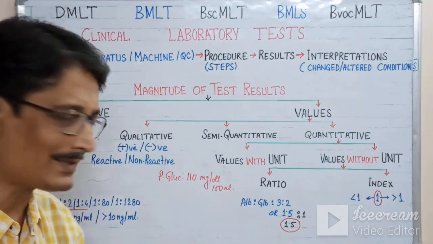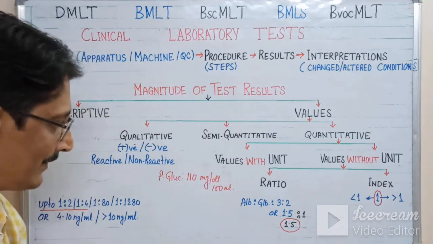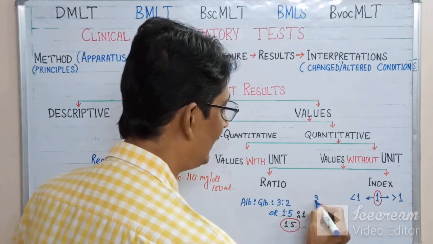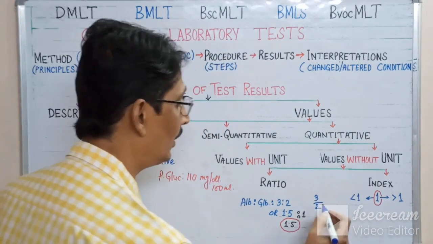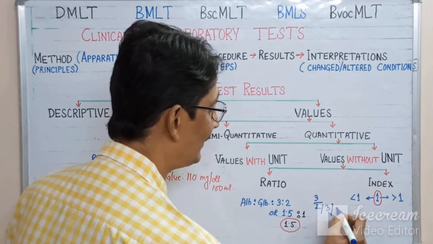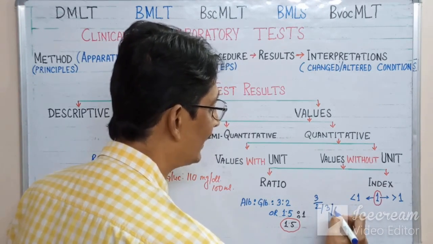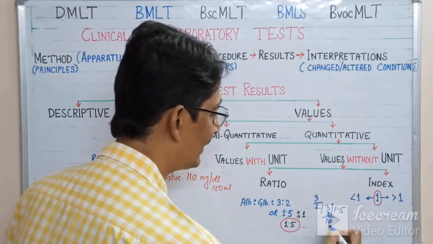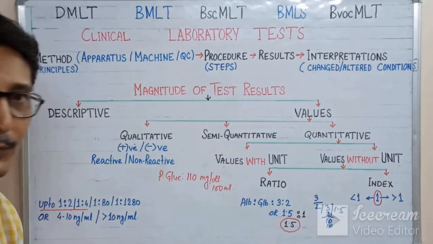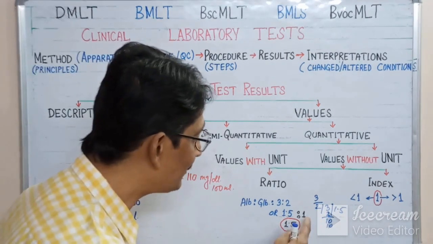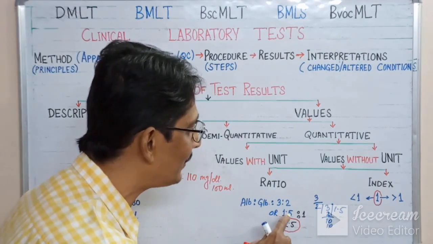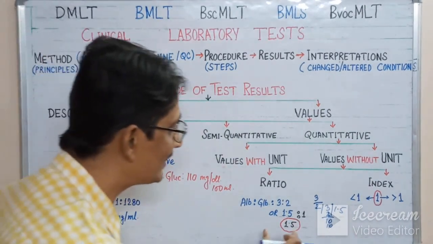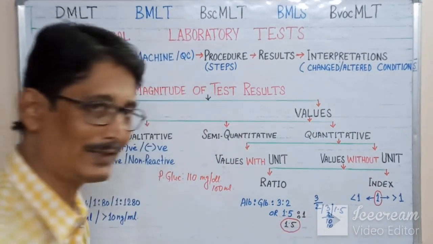Nowadays it is just divided. 3:2 means 3/2. If I divide 3 by 2, that is 1.5, which means 1.5:1. But when we are writing a report, we just denote this number only, 1.5.